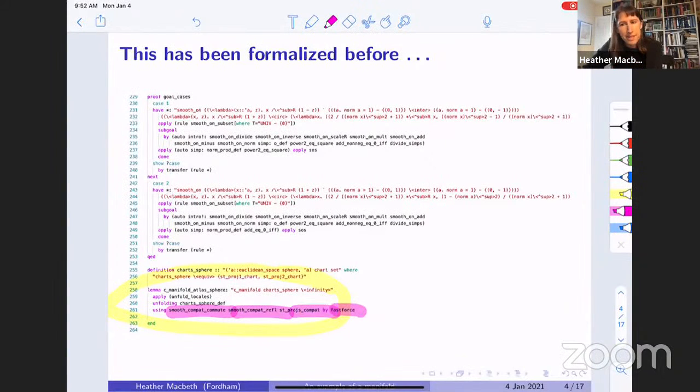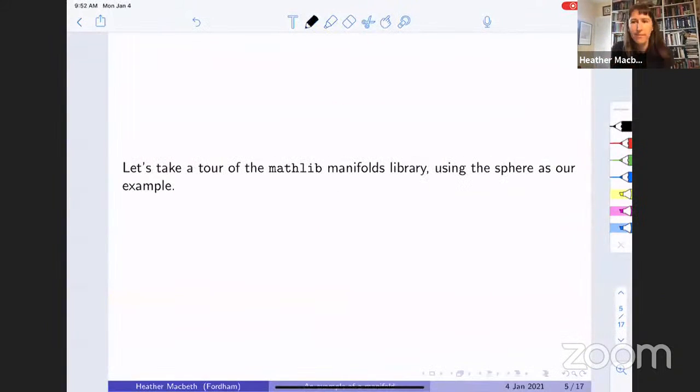And this is all very similar to what I do, with a few exceptions that I'll be mentioning as we go along. So I want to use this talk mainly as an exercise to see how the manifolds library works. And my hope is that after I show you how to make one manifold, you all will be inspired to make your own manifolds. So think of this as a how-to guide.